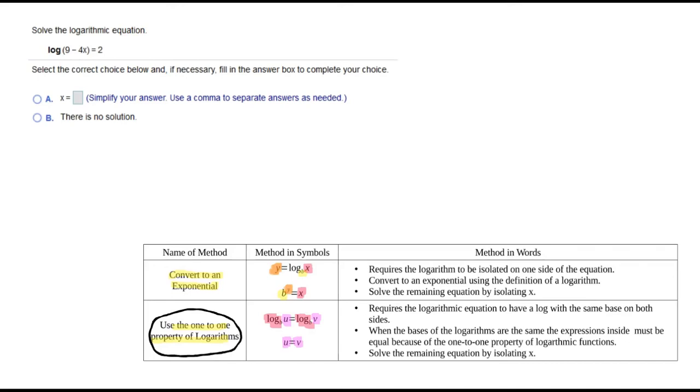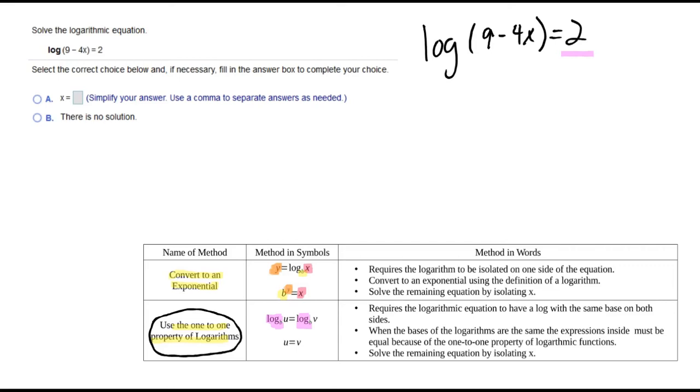So our example is log of 9 minus 4x equals 2. And I want to think about which one of these methods makes sense to use. Remember what I said about the property of logarithms: it requires us to have log with the same base on both sides, and I don't even have a log on one side of my equation here.